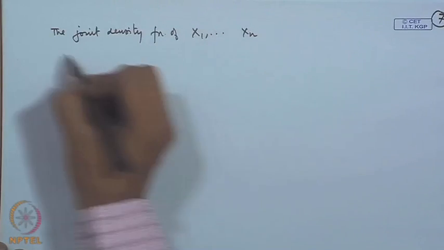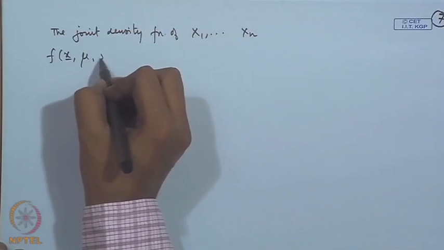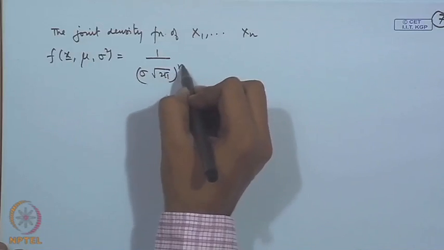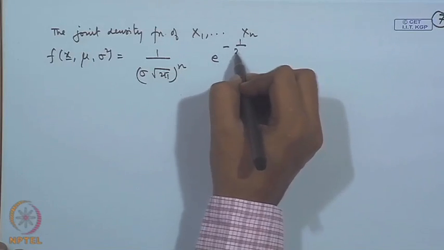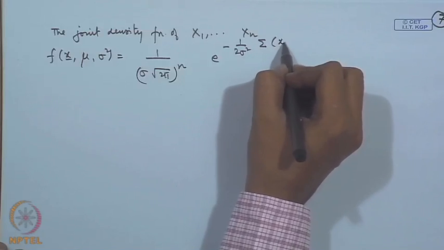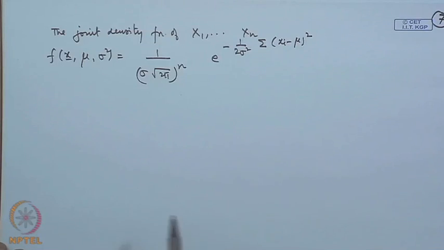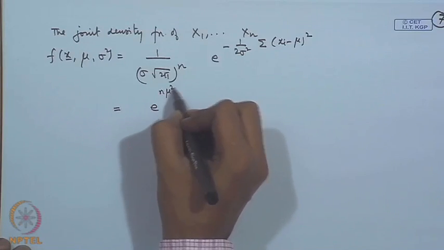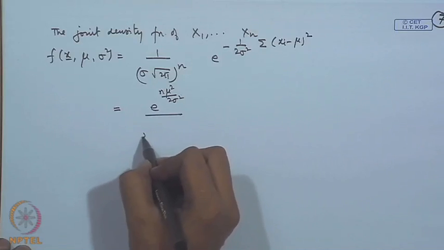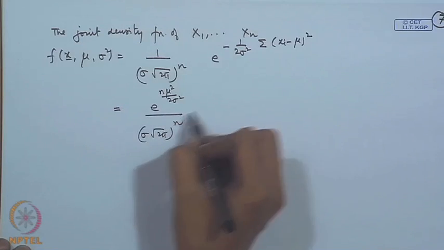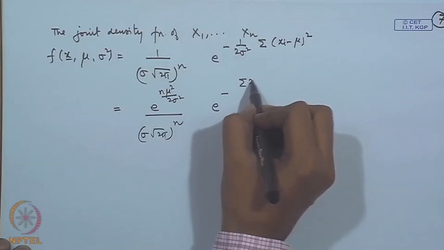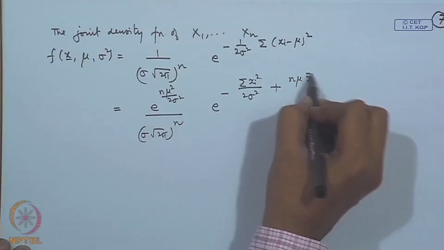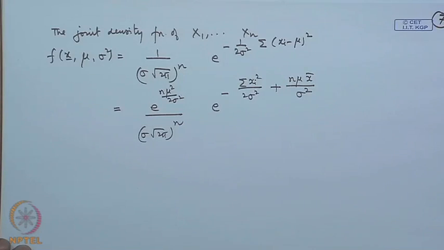We are writing it as 1 by sigma root 2 pi to the power n, e to the power minus 1 by 2 sigma square sigma x i minus mu square, that is equal to e to the power n mu square by 2 sigma square divided by sigma root 2 pi to the power n, e to the power minus sigma x i square by 2 sigma square plus n mu x bar divided by sigma square.